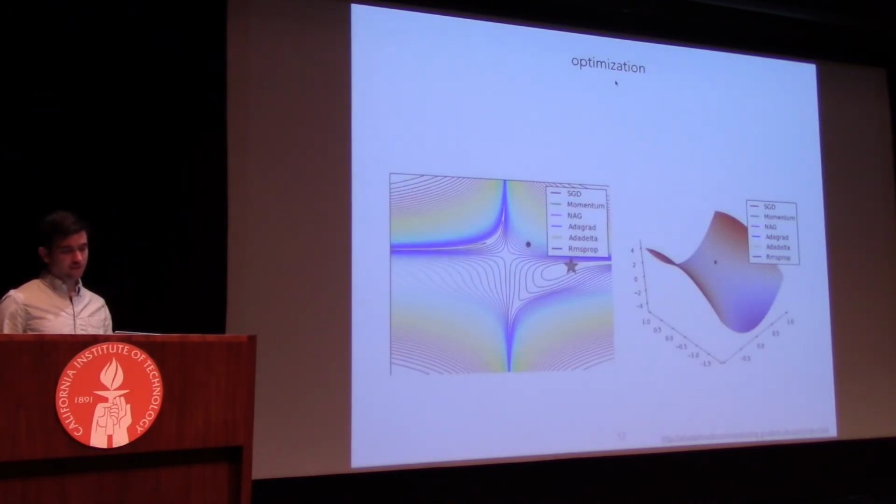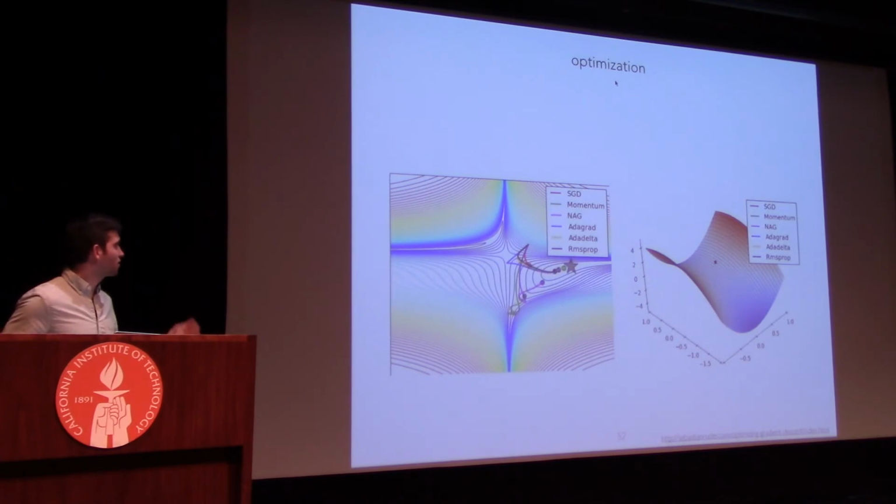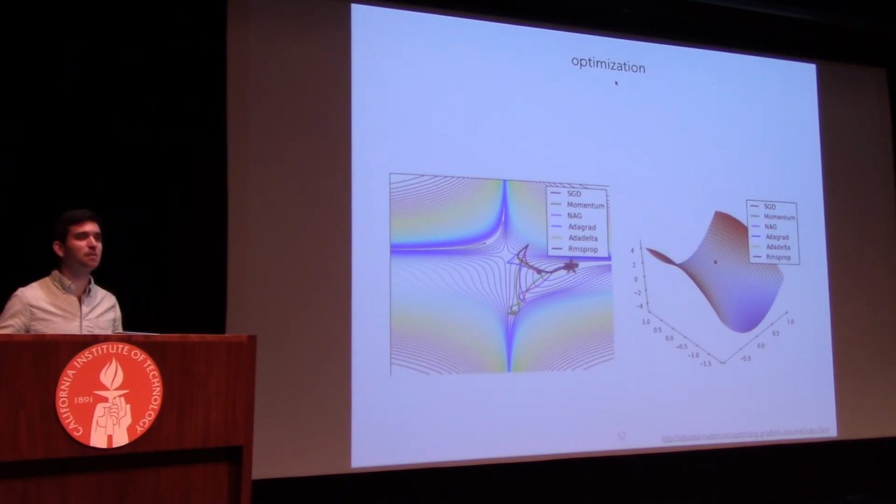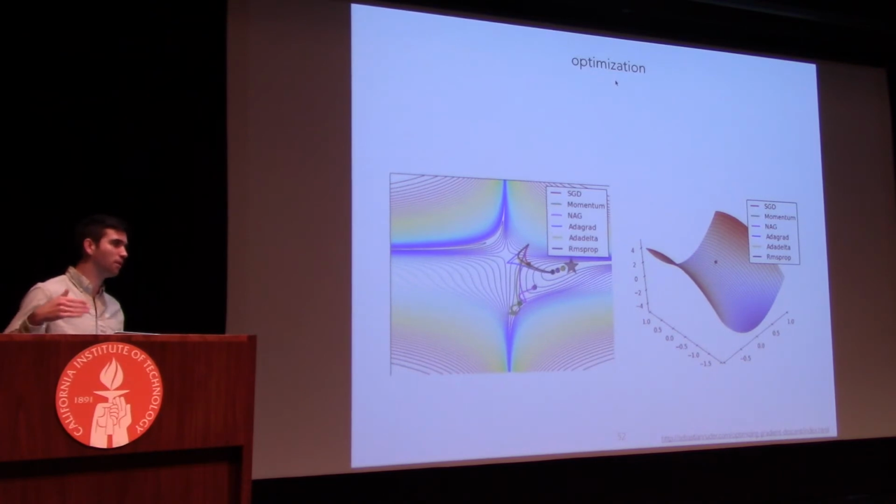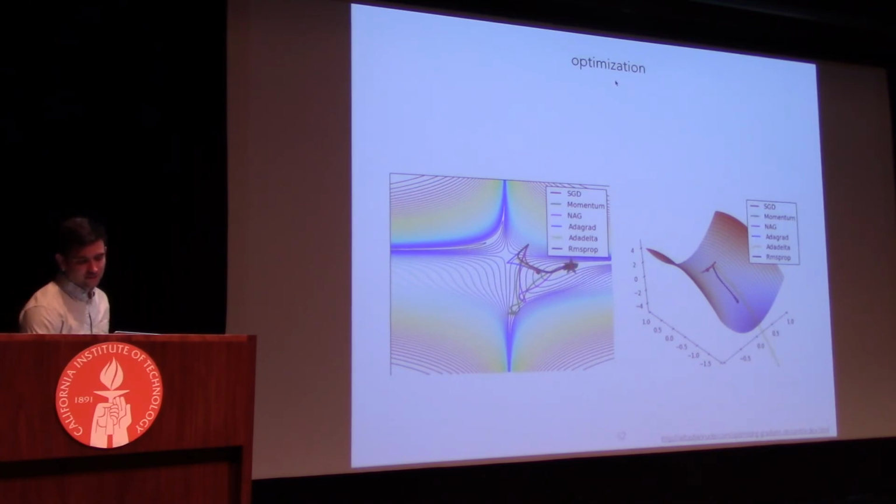So I'll just show you that there is a variety of different optimizers. What people started to use about maybe 5 years ago was this thing called momentum, which just says I'm going to maintain my previous gradient and follow that in some direction as well. And then recently there have been a lot more developments like AdaGrad, AdaDelta, RMSProp.